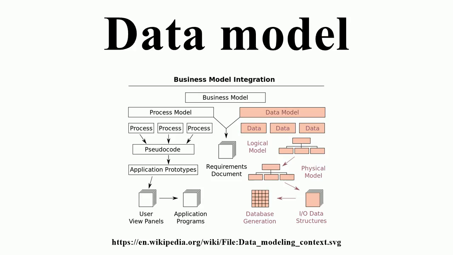Geographic data model. A data model in geographic information systems is a mathematical construct for representing geographic objects or surfaces as data. For example, the vector data model represents geography as collections of points, lines, and polygons.